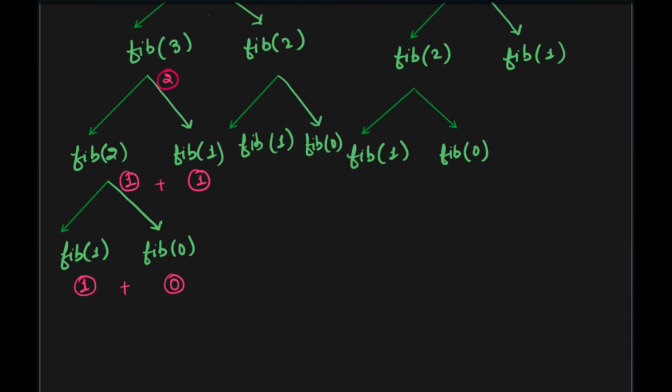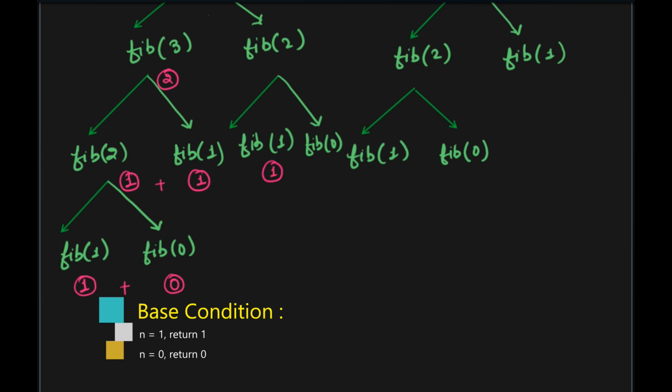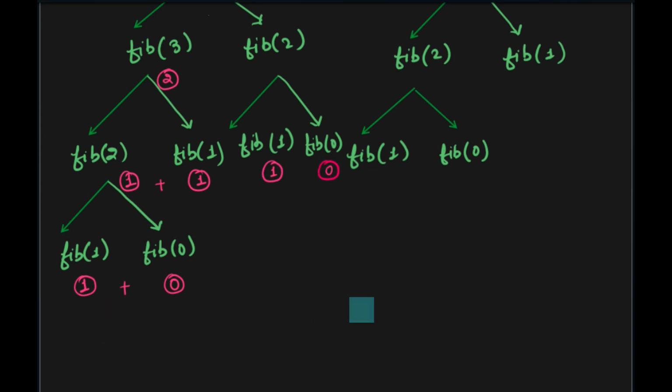Now here we will return with the number, it means 1. Here we will return with 0. Here we will return the further summation of n-1 and n-2. So here we will have 1. Here we will return with 1.